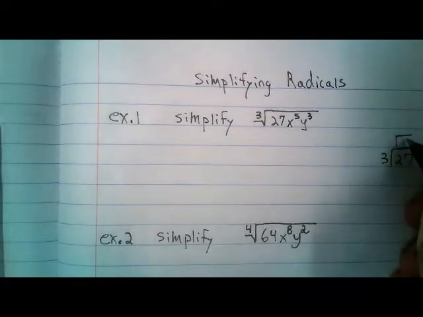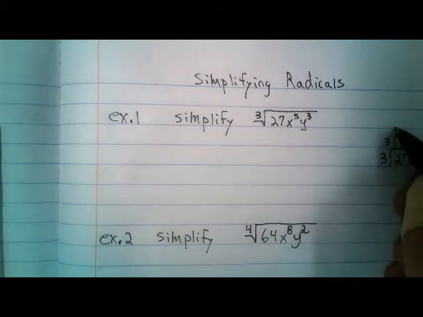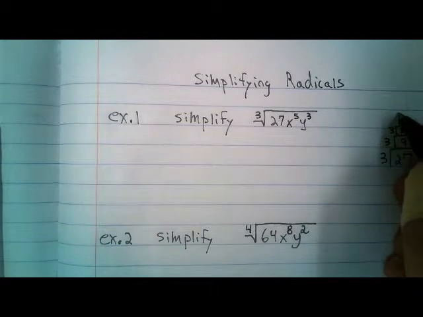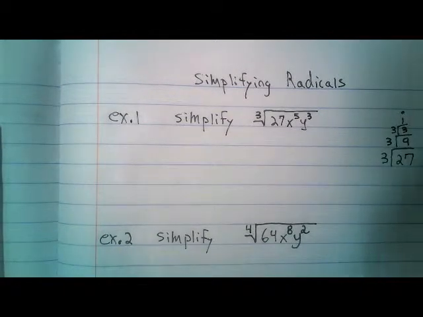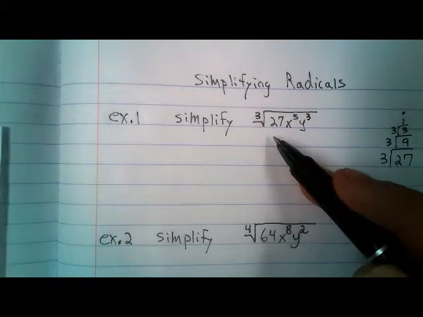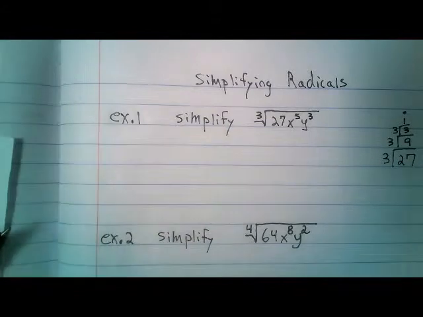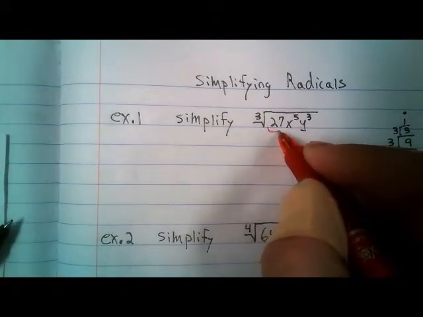27 divided by 3 is 9. And again, 3 works. And again. And I get my candle. So the prime factorization of 27 is 3 times 3 times 3. So when I write this out, I'm going to write out this prime factorization here.